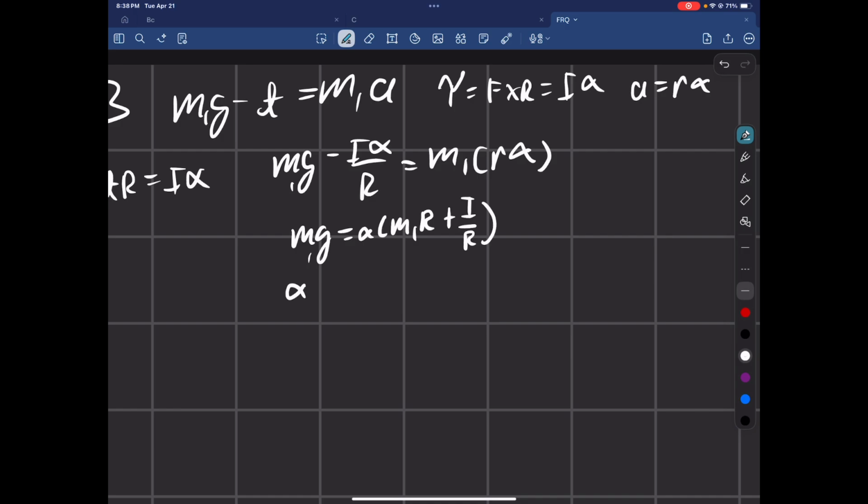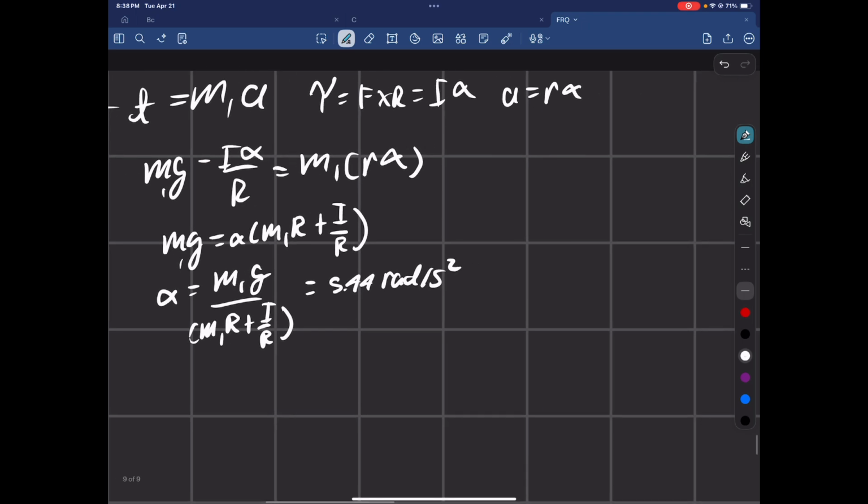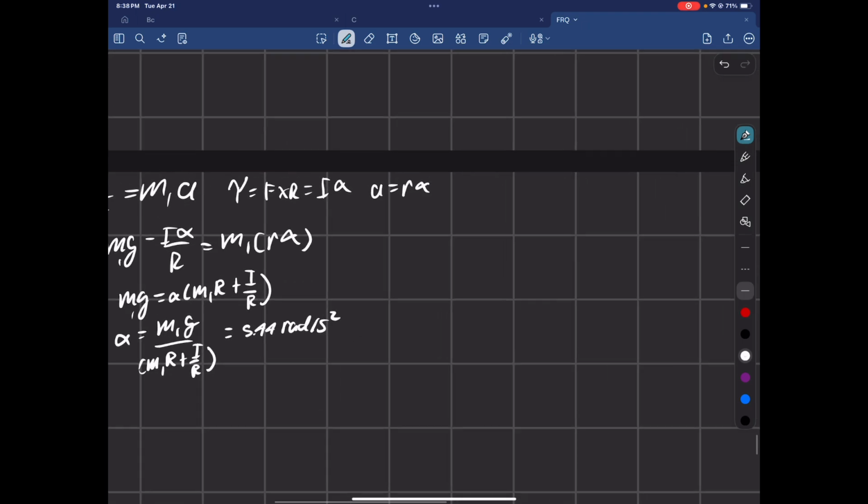So we're just left with this. This gives us 5.44 rad per second squared.